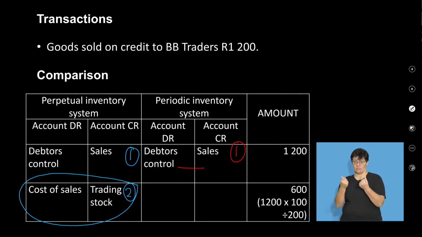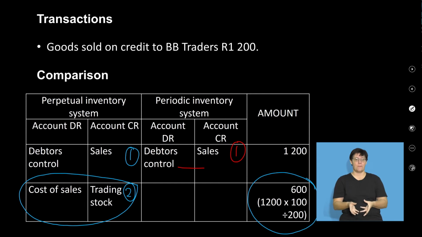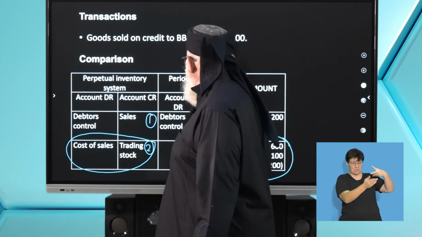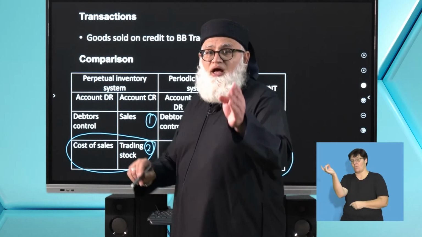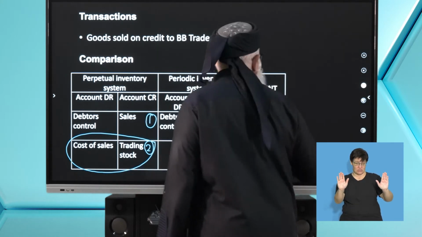Obviously, this calculation here dealt with the cost of sales calculation, using the markup that was given to us. But what I needed to highlight here for you was the fact that in the perpetual inventory system, when we sell goods, there are two entries, whereas periodic has one entry only, the selling price. Okay.